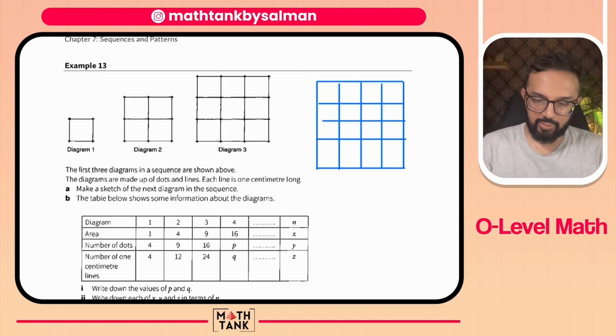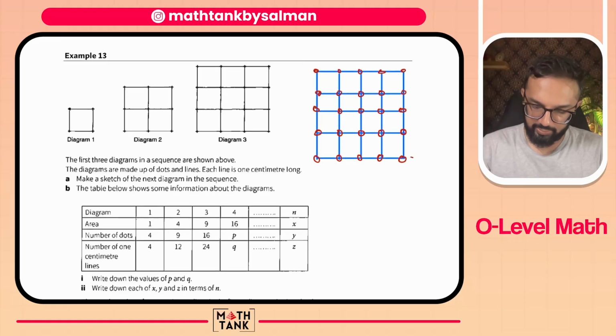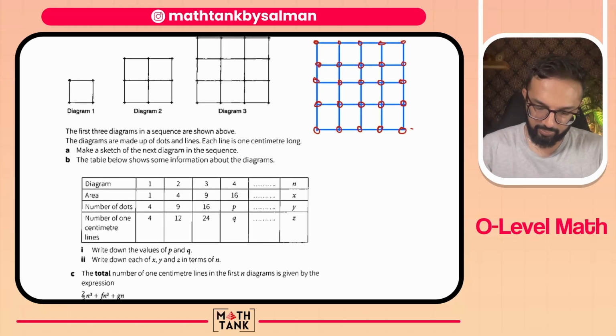Okay, so the dots with red, then 1, 2, 3, 4, 5, 6, 7, 8, 9, 10, 11, 12, 13, 14, 15, 16, 17, 18, 19, 20, 21, 22, 23, 24, 25. Was I asked to count this? Yes. Number of dots is 25.